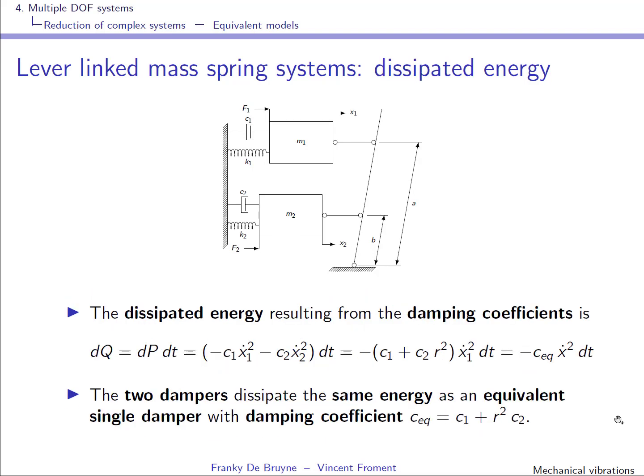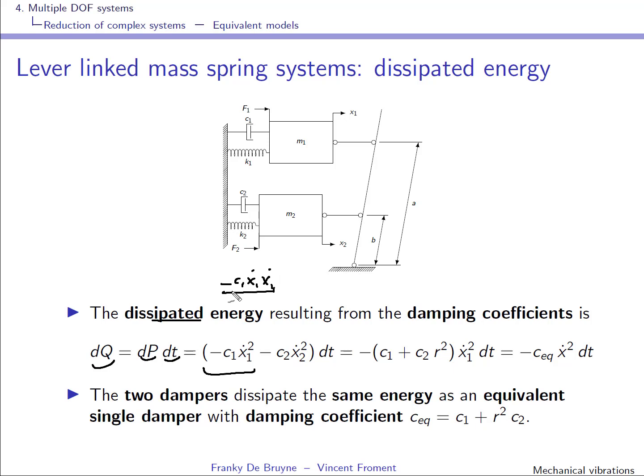Okay, we have considered kinetic energy and potential energy, and now we're going to consider the dissipated energy. This energy dissipated over a certain amount of time is the power times this time interval, and the power is the force, which is minus c1 x1 dot for this term here, times speed.